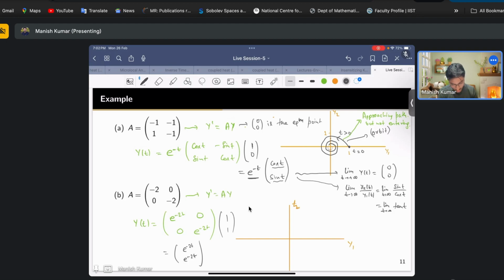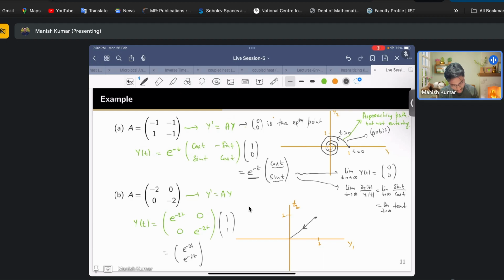Correct. So you can clearly see here x is equal to y. So the orbit is like this. It depends on what point you choose. So suppose I am choosing this point, then the solutions. So 1 comma 1 is this. So let me say this is 1 and this is 1. So this is the orbit, right?